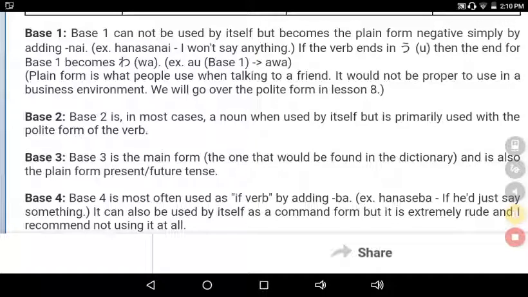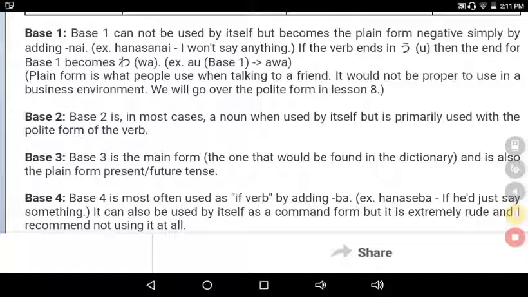Base 1 cannot be used by itself, but becomes the plain form negative by adding nai. Example, hanasanai.